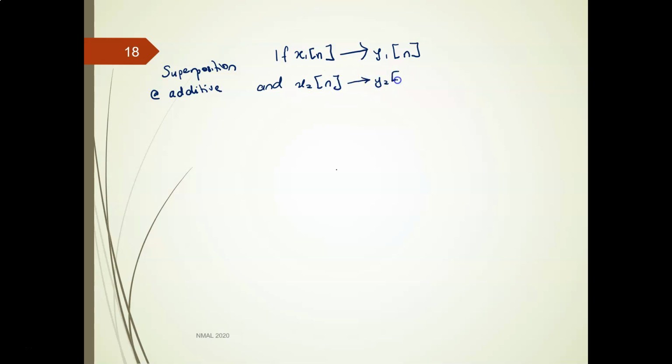Putting it in other terms, the superposition or additive property: if x1n produces y1n as the output and x2n produces y2n as the output, then the response to x1n plus x2n must be y1n plus y2n.